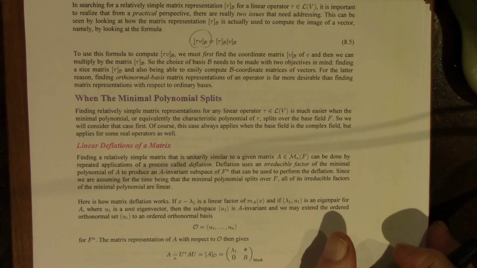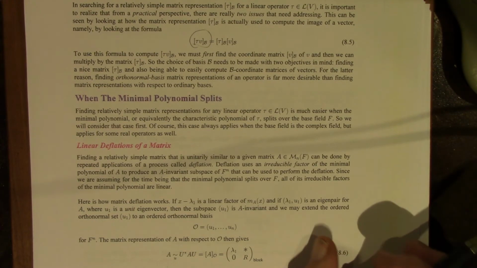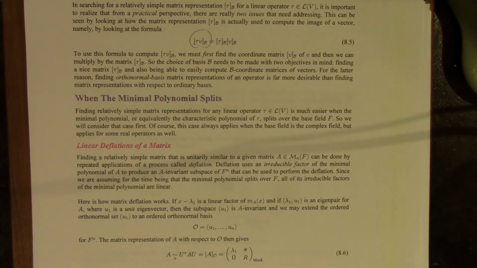Now we can get down to work here. Finding relatively simple matrix representations for any linear operator tau is much easier when the minimal polynomial of tau, or equivalently its characteristic polynomial, splits over the base field.